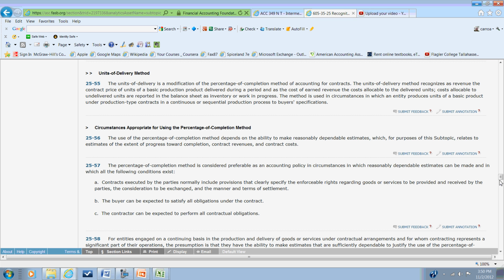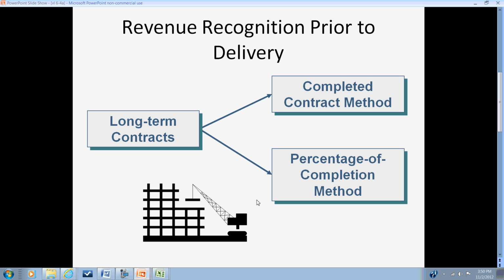And given the nature of the construction industry, making these estimates is typically not a far stretch. Projects are closely managed and cost estimates are continuously updated. So most contractors will use the percentage of completion method.